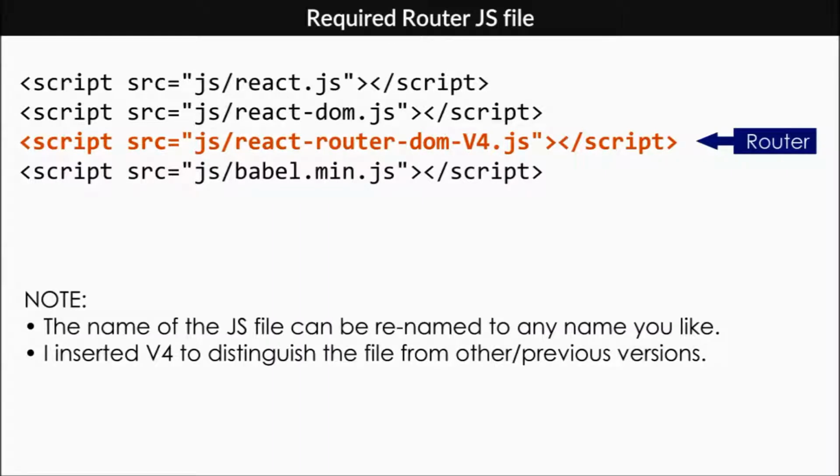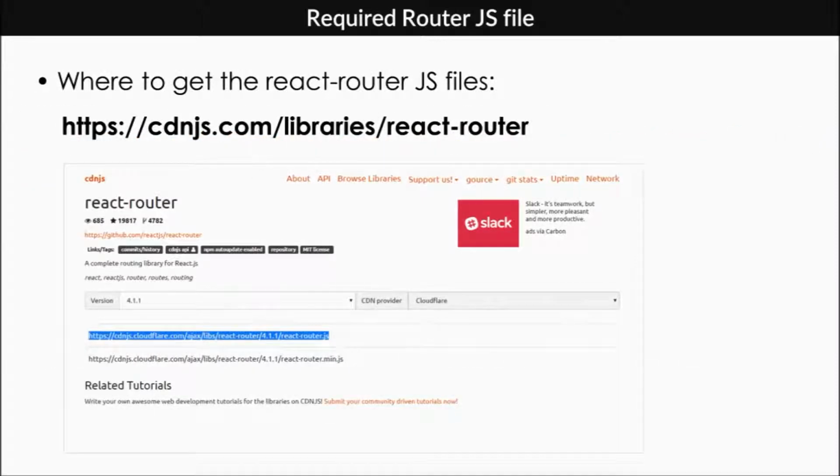I actually inserted v4 into the name of my file because I was previously working with version 3 and I wanted to be absolutely clear in my mind when I was looking at an HTML file whether I was using v4 or v3.